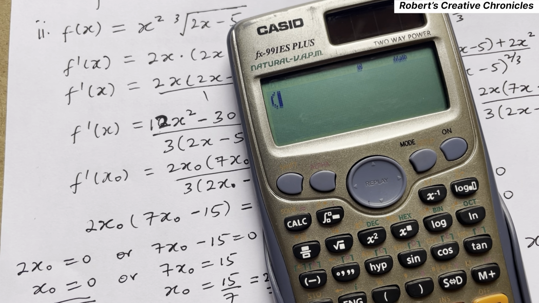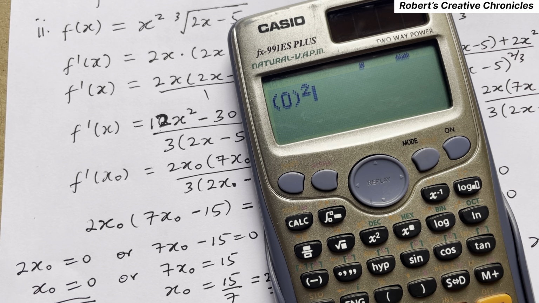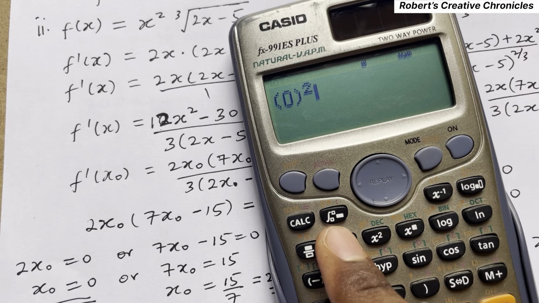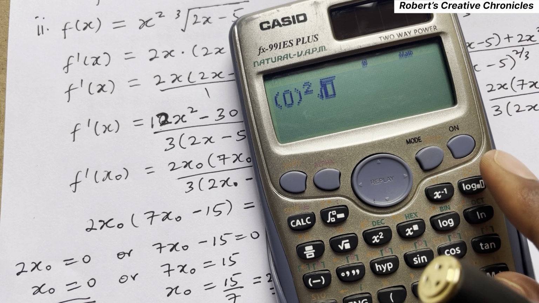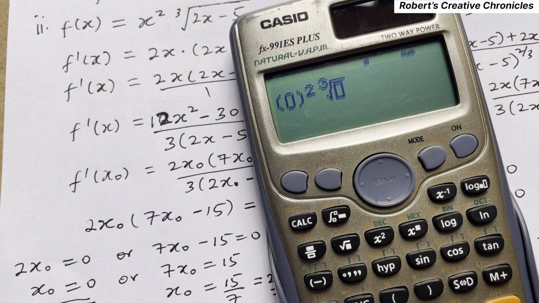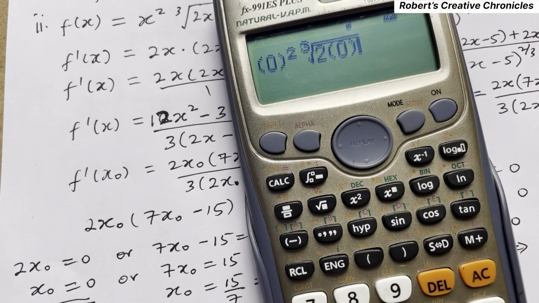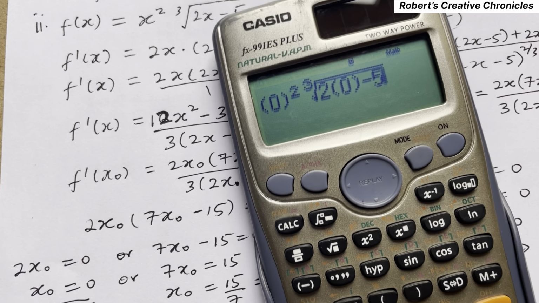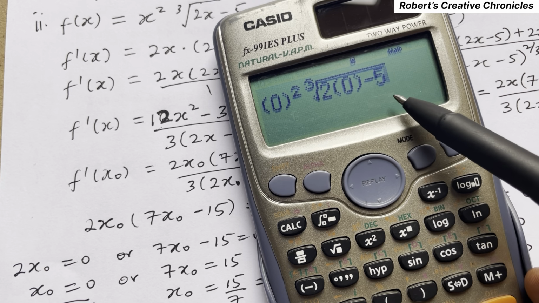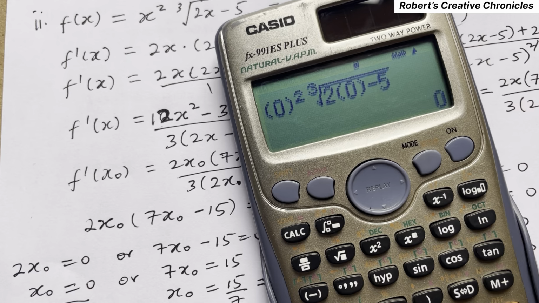This becomes 0 squared, then the cube root of 2 times 0 minus 5. This becomes 0.